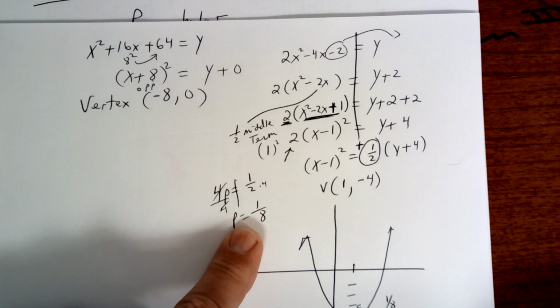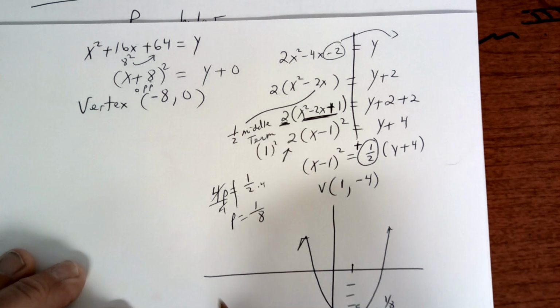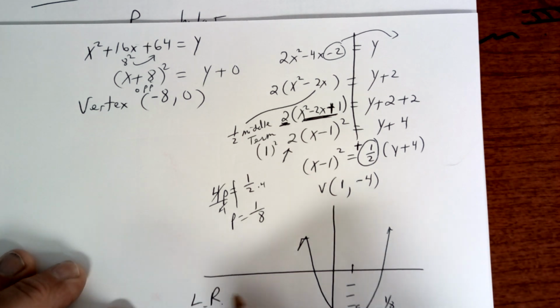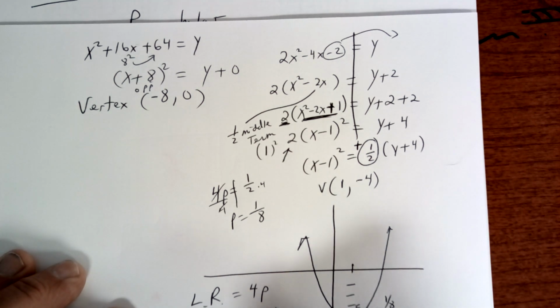The latus rectum from here to here is going to be 4p. So the latus rectum is going to be 4p, and p is 1/8. So that should be 4 times 1/8 gives you 1/2, because this reduces.